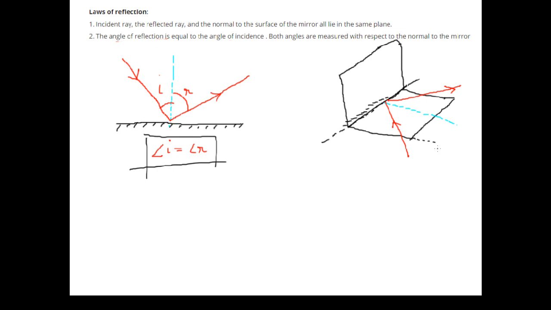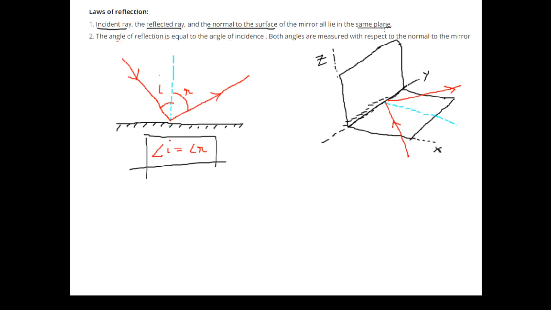This is the y-axis. This is the z-axis. So these two rays, that is the incident ray, the reflected ray, and the normal, all are lying on the xy plane. This is the meaning of the first one, that the incident ray, the reflected ray, and the normal to the surface of the mirror all lie on the same plane.